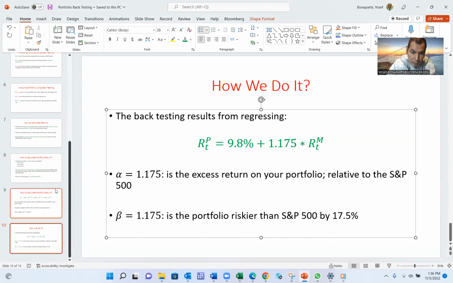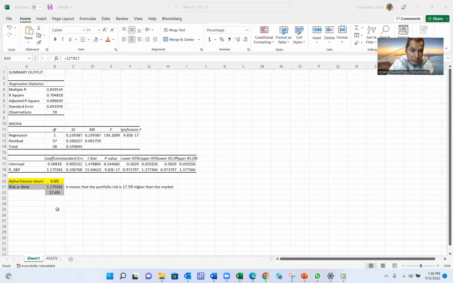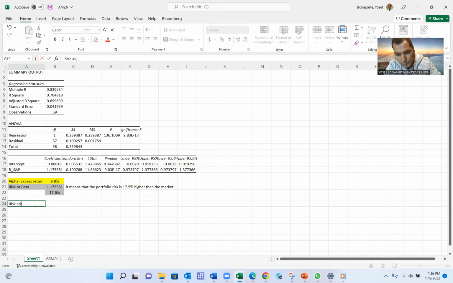Now, there is something called risk-adjusted return, and I want to talk about it. So you take 9%, 8, for extra risk. So how much do you get if you divide the excess return by the risk that you're taking?